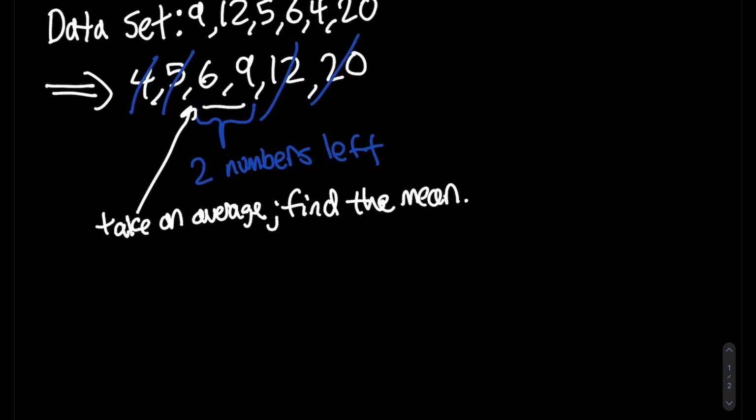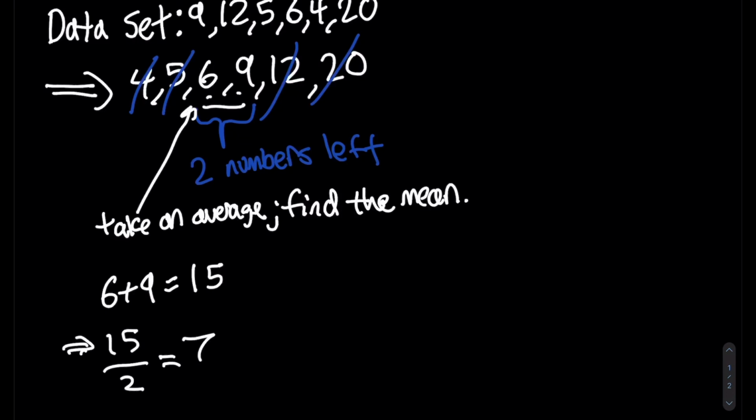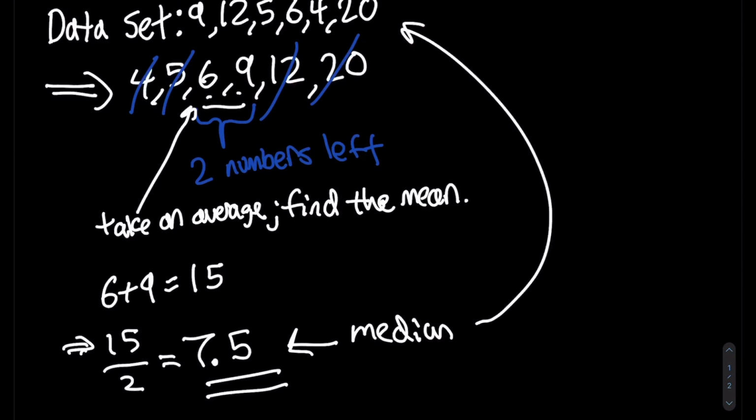Okay, let's quickly do this. Simply, we just have to find the addition of the 2 numbers, which equals 15, divided by 2. There's 2 numbers here. 15 divided by 2 gets us 7.5. So 7.5 is going to be the median for this data set we have up here.